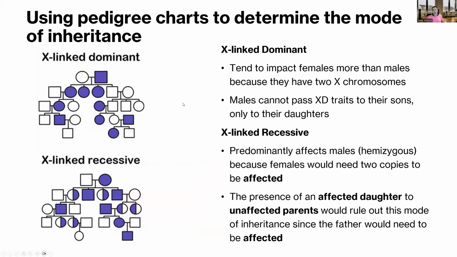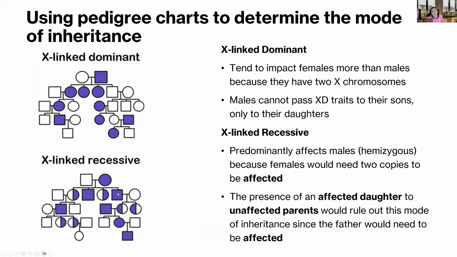So what if it's not an autosomal trait? What if it's an X-linked trait? So this would be a sex-linked disease. So if it is X-linked dominant, all right, X-linked dominant traits tend to impact females more than males. So over here, if we look at this chart, we are going to have square males, circular females.